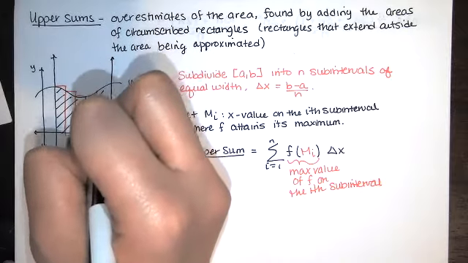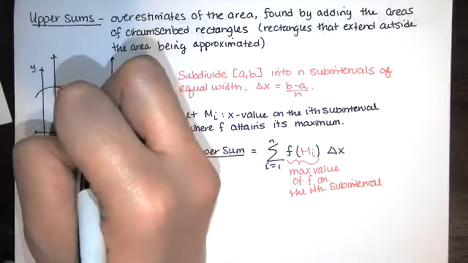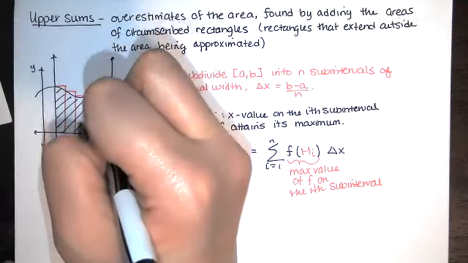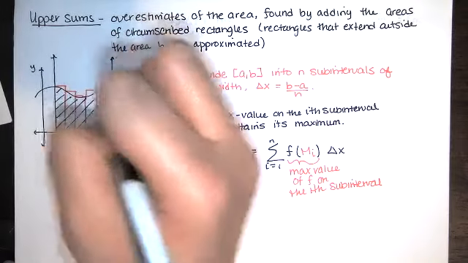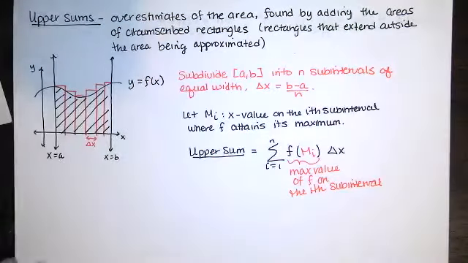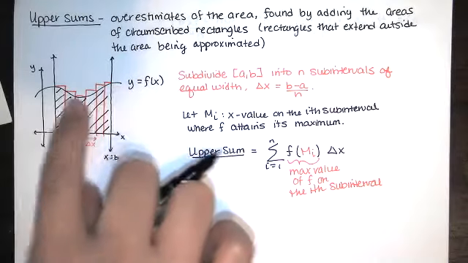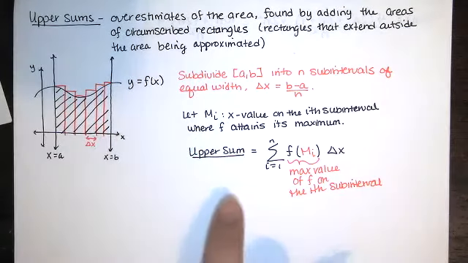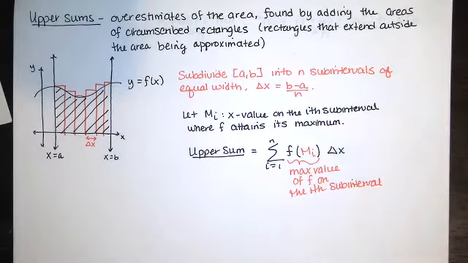The next one, the maximum occurs on the right. And the next one, the maximum occurs on the right. And then on the last one, the maximum occurs on the right. Okay, so that's going to be the upper sum. And you can see that the area of those rectangles is always going to overestimate the area under the curve.